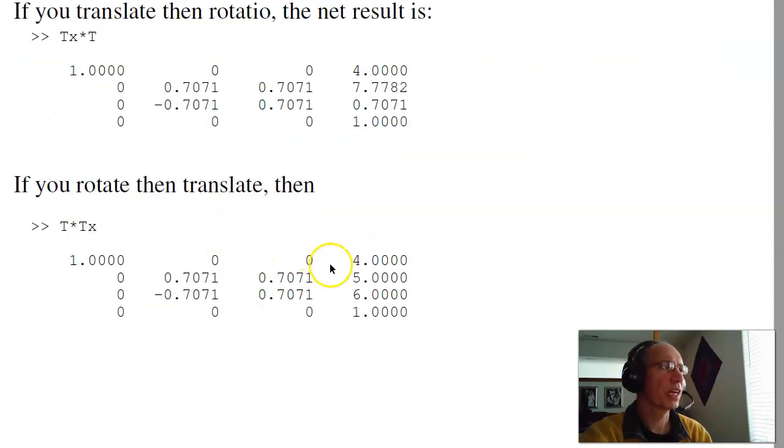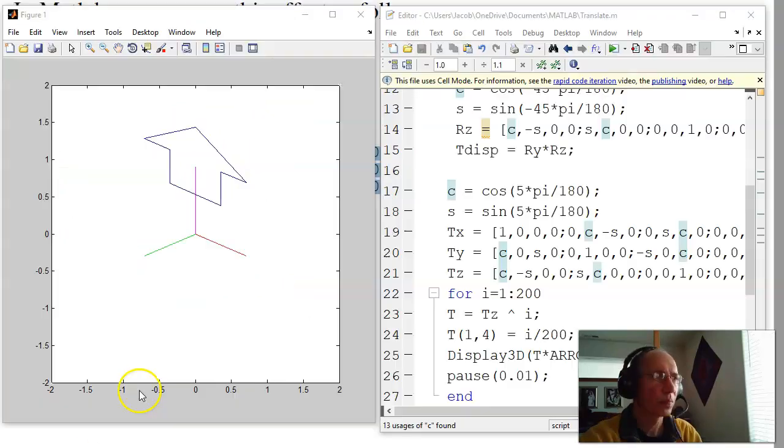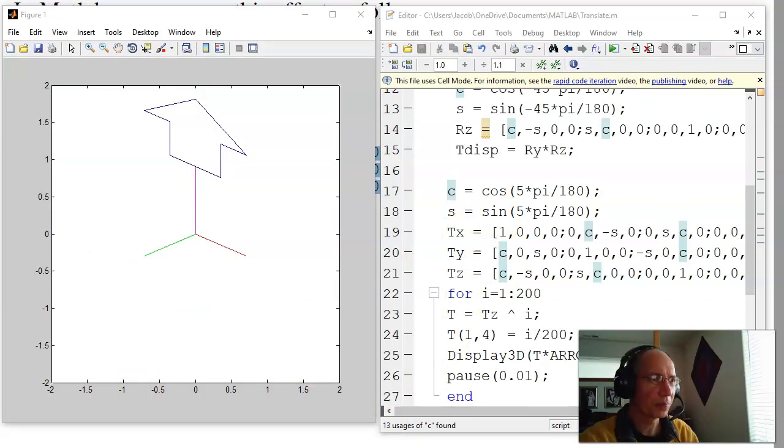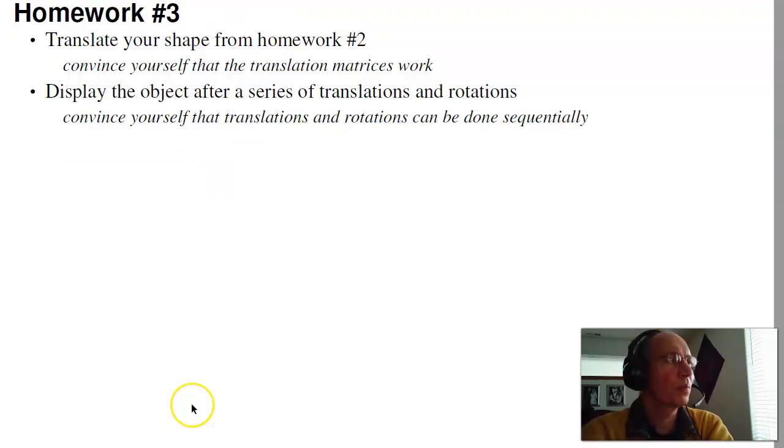With the two together, I got a rotation plus a translation. And here's an example of that. Mixing translation and rotation, I am translating the x-axis and rotating about the z-axis. So again, the two work just fine together.